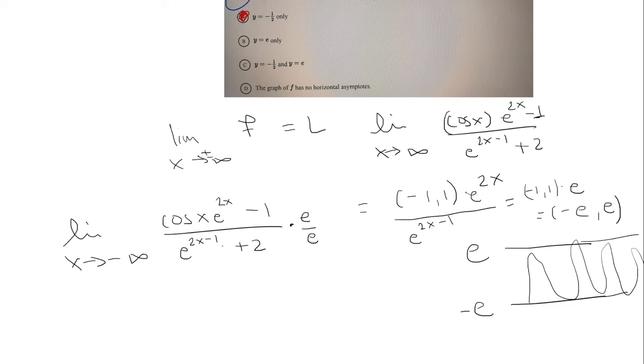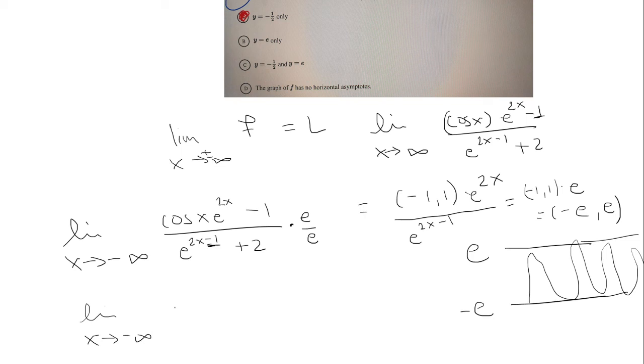Why are you doing that? Well, the reason is because I have a -1 here. Ideally, I want to have e to the 2x over e to the 2x. I could have done the same thing to the other problem, but I guess it doesn't really matter. So this will be another approach. Pretend like I'm redoing the old problem, and I multiplied both top and bottom by e. So it's just a different approach.